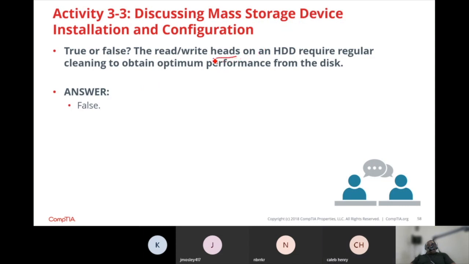It would shrink them down so that when we plugged it back in, we would get a better connection. Because most of the time, the read-write heads would go bad on the hard drive before the disk did. So you would stick it in the freezer to shrink the heads. That most of the time never worked. But every once in a while, you might get lucky.